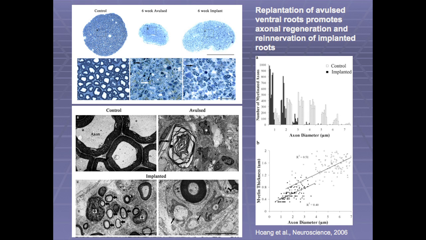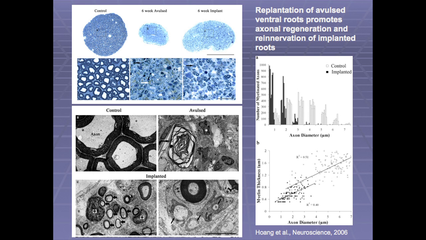Up here to the top left, you will see a control nerve root. In the middle here, you see the atrophied root after injury, and to the right here, you have a root after repair. And even though it doesn't look fully normal, if you look at the higher magnification, you will see there are numerous fibers growing, and in numbers that are very close to the normal.